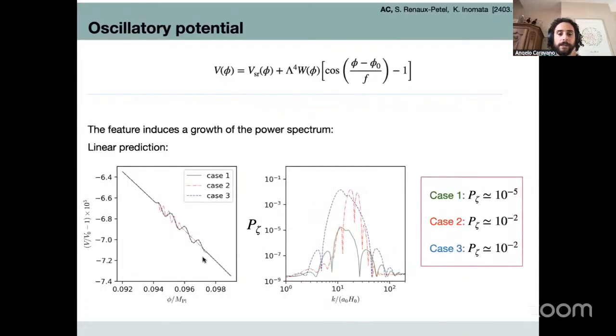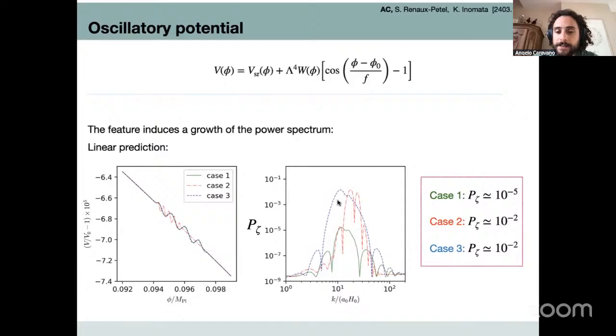And now let's see what linear perturbation theory, what standard methods, tell you about this model. This linear prediction, which just means solving the Mukhanov-Sasaki equation numerically, tells you that with this potential, you get this power spectrum here on the right. You basically have the usual scale-invariant power spectrum, and on top of it there is a localized excitation. This excitation is caused precisely by this feature.